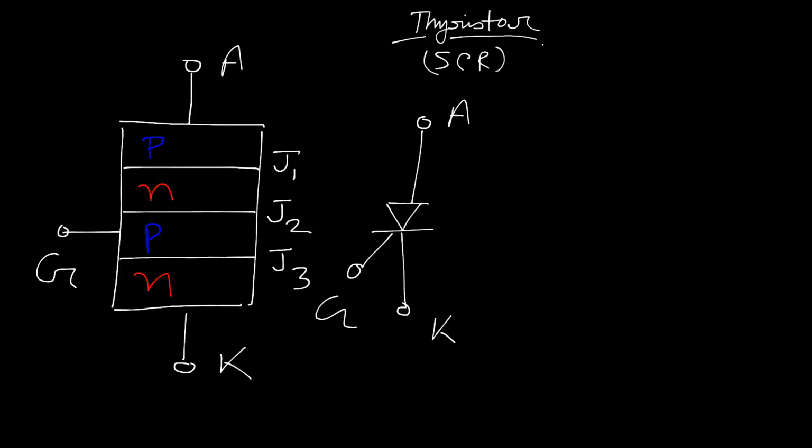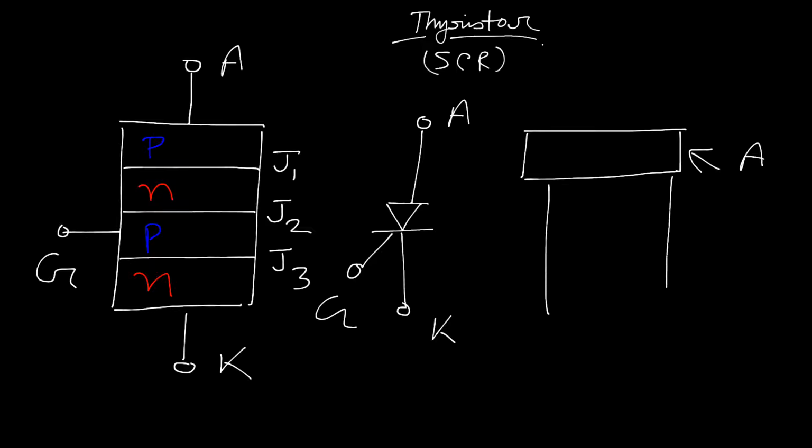And to be more detailed, the basic construction diagram can be redrawn like this. This is the anode terminal, which is actually manufactured by aluminum, and the other layers, the 3 layers, P, N, and the last one.